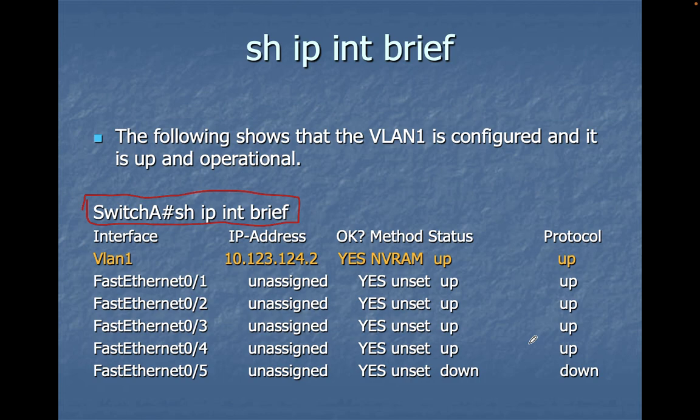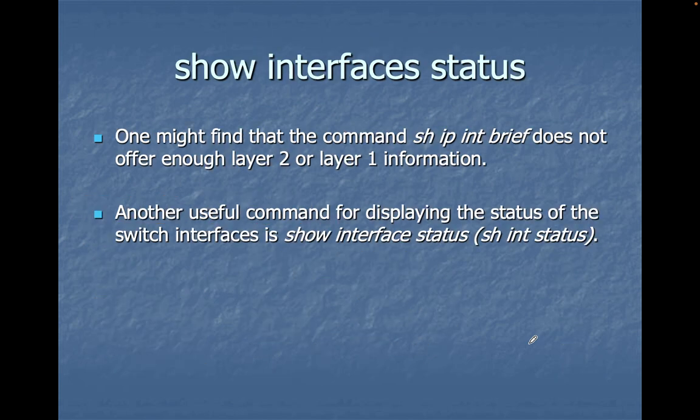It's only showing you the protocol, and it's not giving you detailed information on the different layer 1 switch. It's just showing you the slots, the ports, but not the details.